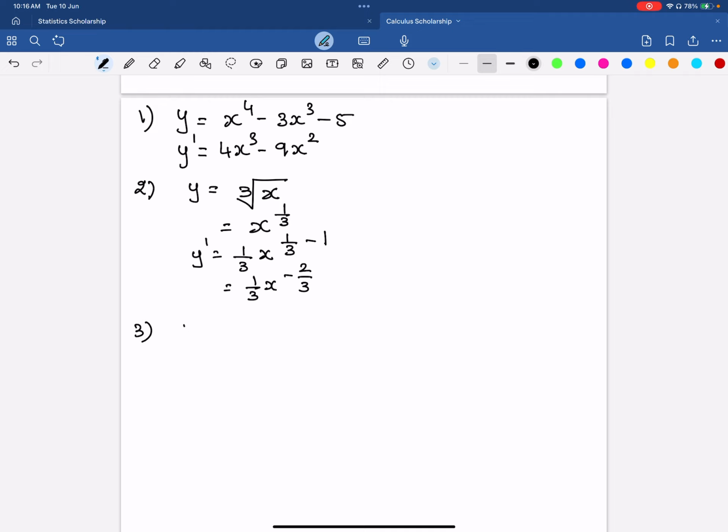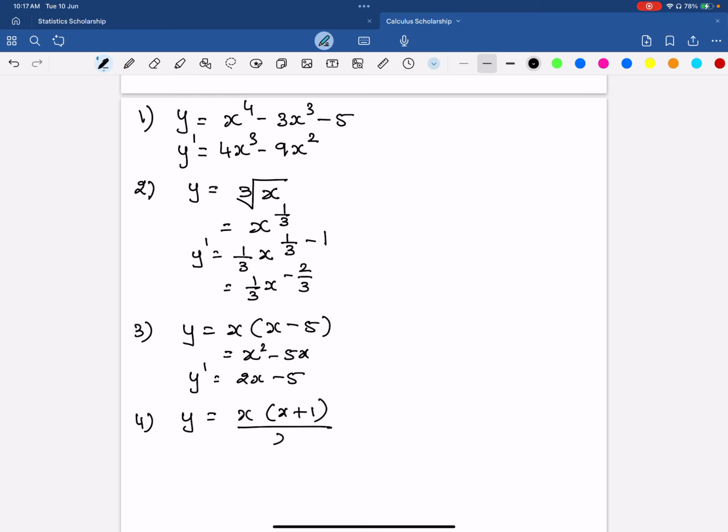Then what we learned was what happens if two functions are multiplied. Just expand it if you can. Here we can expand it and then differentiate it, which is 2x minus 5. And what if it's divided? So something like x plus 1 divided by x. In this case, I'll simplify it, and then y dash is just 1.